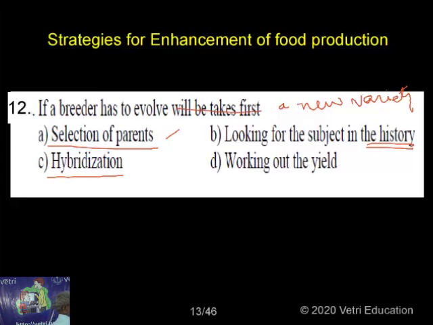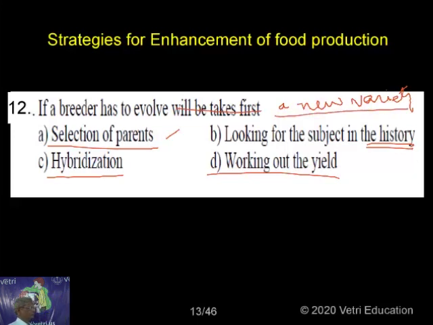First he has to work out the yield of the crop, and then only he can evolve a new variety. So by following which one of these four methods will a breeder be able to produce a new variety?